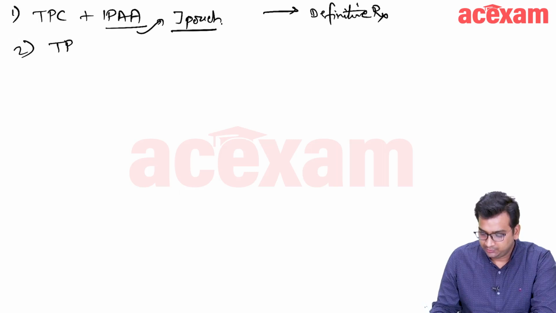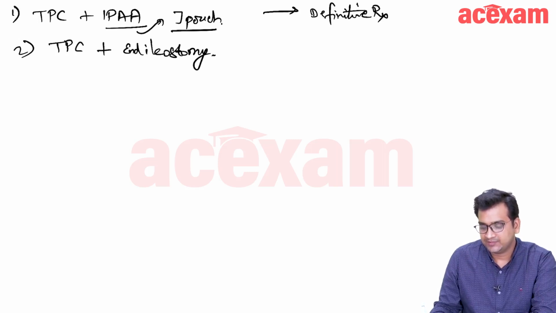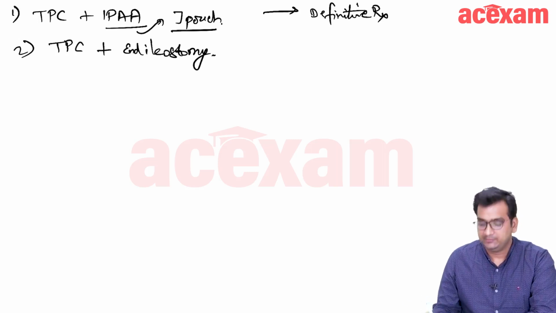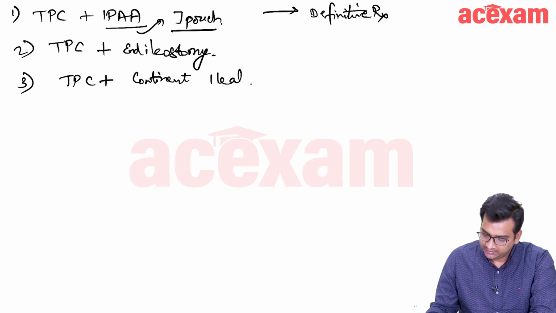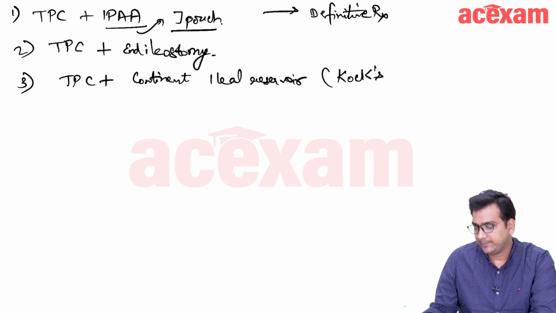Other options are total proctocolectomy with end ileostomy, that is, an end ileostomy or a permanent ileostomy. Next is a total proctocolectomy with continent ileal reservoir, which is also known as a Koch pouch.